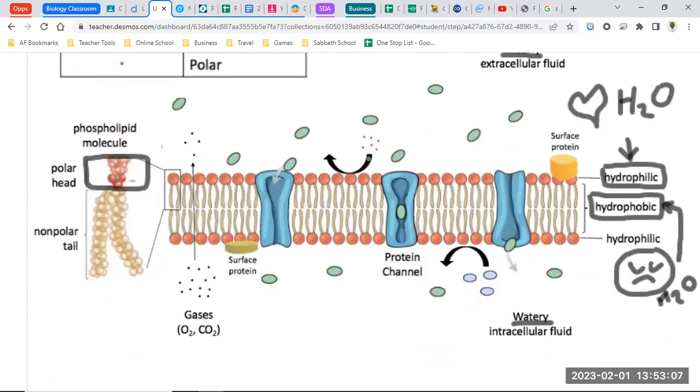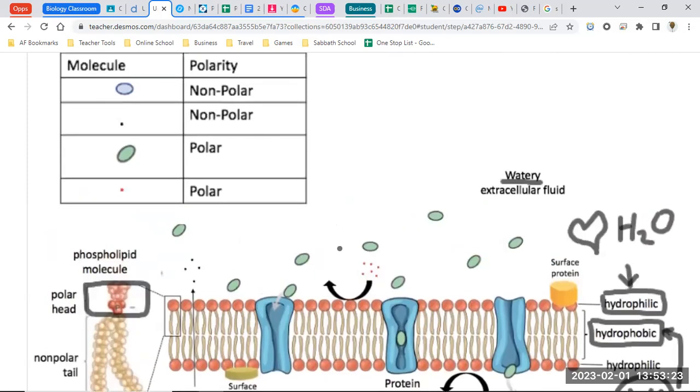And we have these little red molecules that can't go through this barrier. Only things that are coming in are these proteins and gases. That's all that comes in and goes out, right? These blue ones and these red ones can't come in and can't go out. We now know that these blue ones here are nonpolar, but these proteins here are polar.